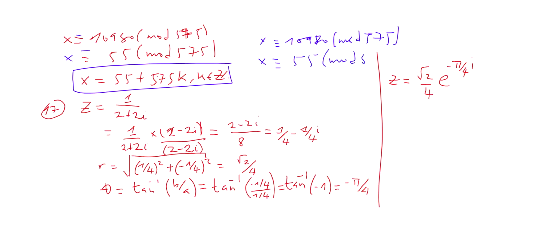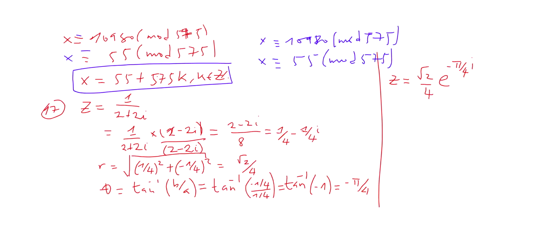It's really not a difficult thing, because if we take 10,980 and divide by 575, we realize that there is a remainder of 55, and that actually means that they are equivalent. You can write them as equal, or is the same, or is equal to. So we can write also this equation, and that finally gives us the right result.